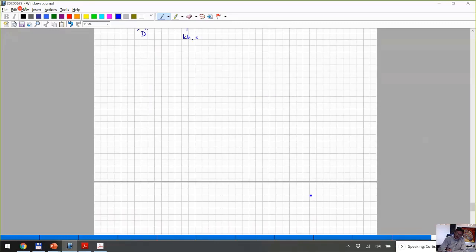But if you're looking at what it looks like in terms of an IPR plot, then the IPR equation is plotted like this: P_WF versus rate, where we've got P average there, a zero rate when flowing bottom hole pressure is equal to that.